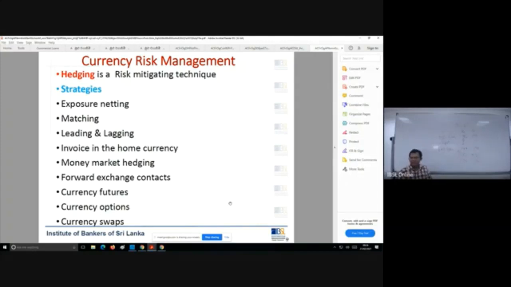Now, exposure netting is an internal one. Matching is internal. Leading and lagging is internal. Invoicing in the home currency is internal. Money market also can be treated as internal. Forward exchange contracts, currency futures, currency options, currency swaps are external. You are doing this hedging mechanism with another counterparty, another party, not internal.